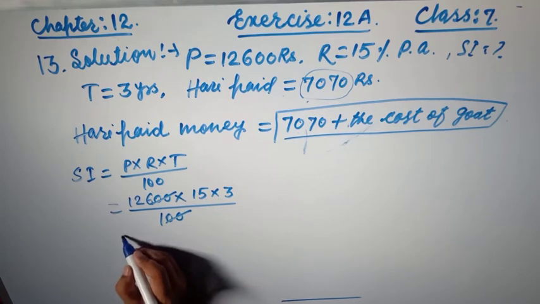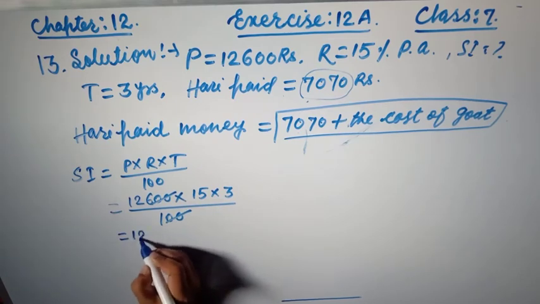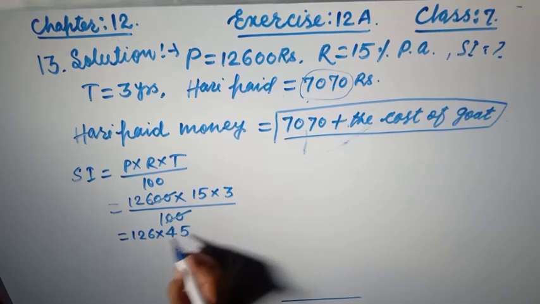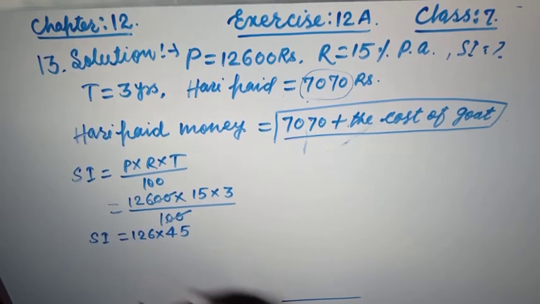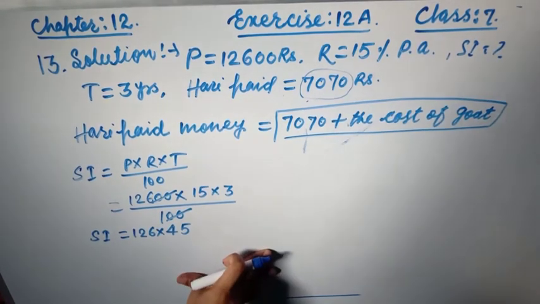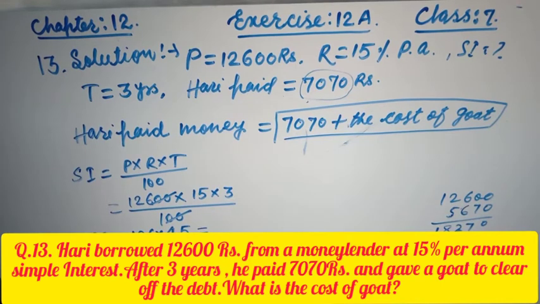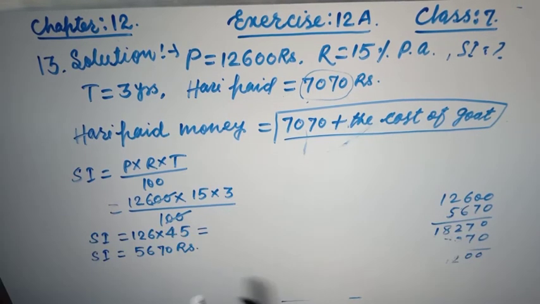Now multiply 126 by 45. Now SI is equal to, after multiplying friends, we will get, now see friends, the SI is equal to 126 multiplied by 45 is equal to 5,670. So this is SI.